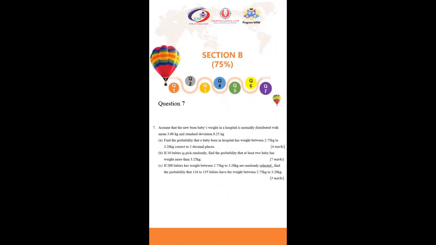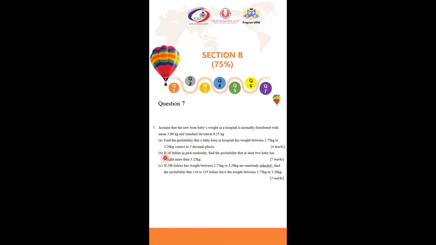Okay, so we already go to the last part of the question. It's question number 7. In question number 7, it is about the normal distribution, the last chapter. It is about babies born, and first find the probability, given the situation between 2.75 and 3.2, and B. B is a different situation.